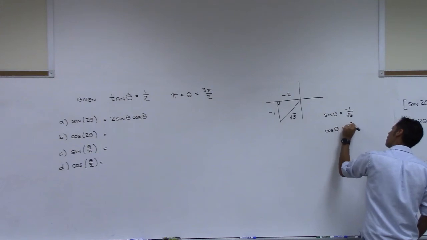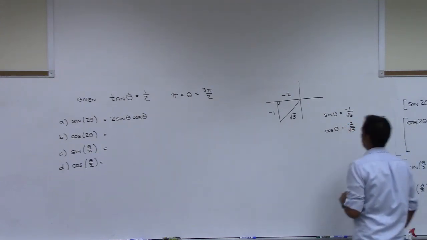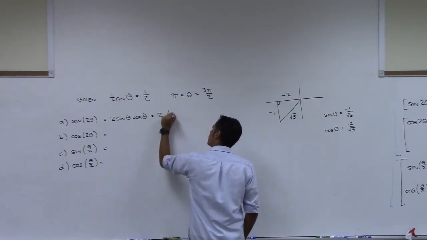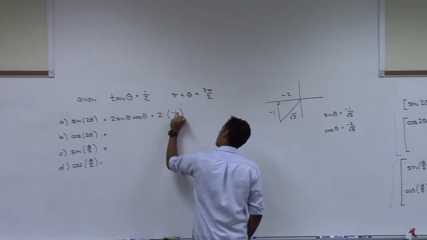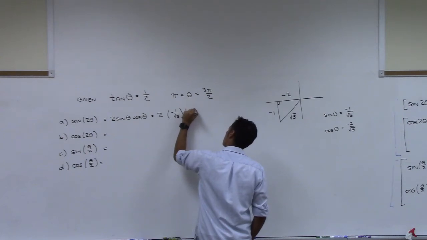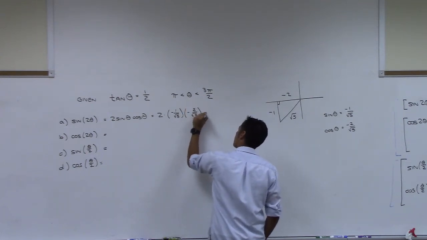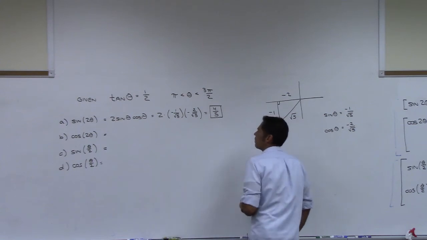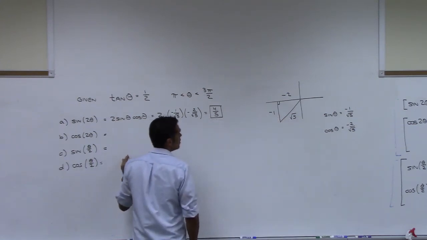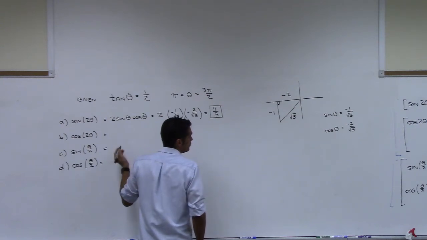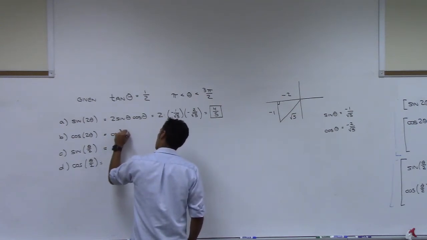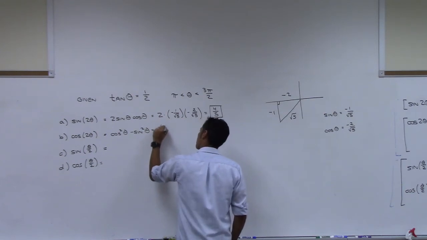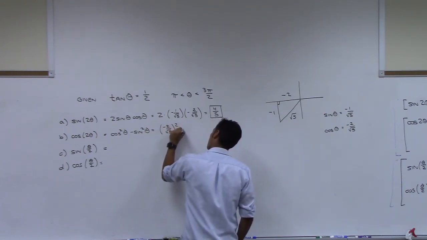All right. Sine times theta. One minus cosine theta, right?